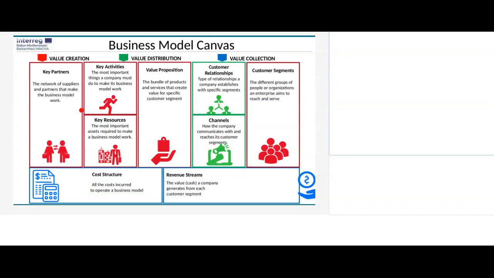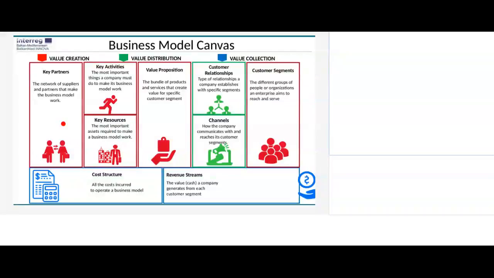So let's move towards the left. And the last element of the value creation is key partners. That's the network of suppliers and partners that make the business model work. Basically, all the outsourced services, outsourced people, or all the partners that we form partnerships with that help make the business model feasible and workable.